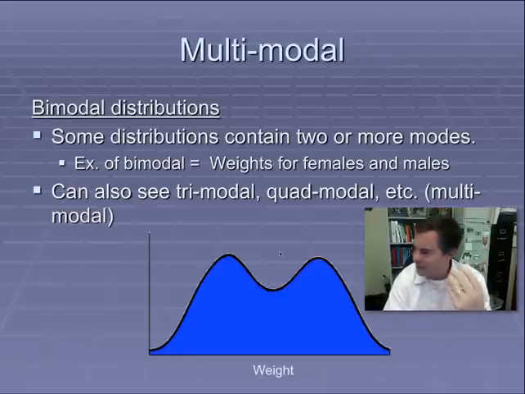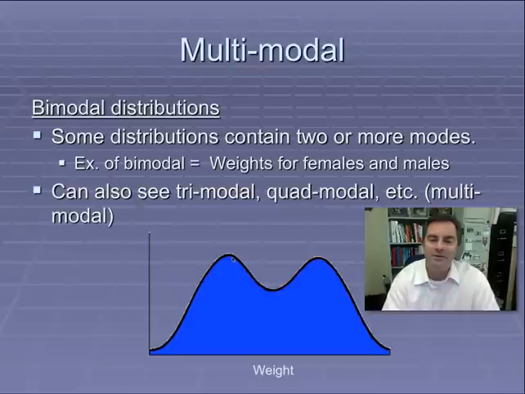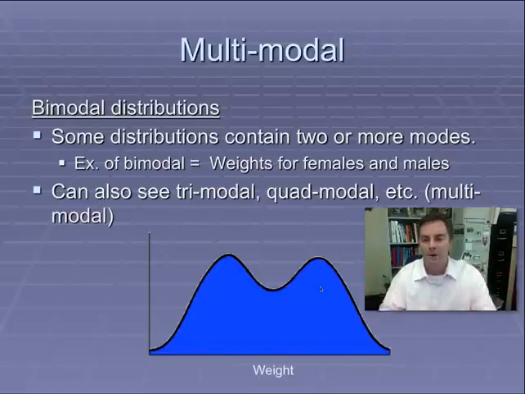The mode is the most frequently occurring score or value in a distribution. Remember, the peak tells you where most people are. So if these are equally high, there's a peak of people under this peak, and a peak of people under this peak. Hence it's bimodal. There are two mode values here.